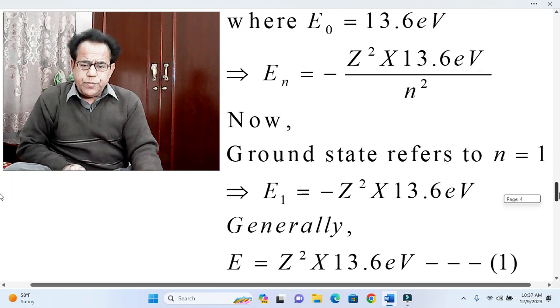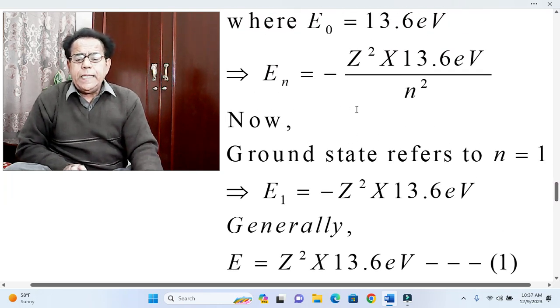Moreover, there is a justification for this: En is equal to 13.6, which is a plus value. Z square is also a plus value because square can never be negative, and n is also square. It is also a positive quantity.